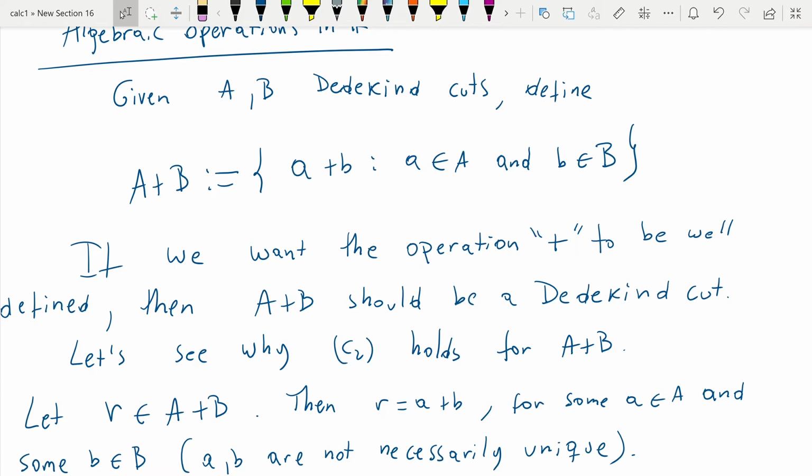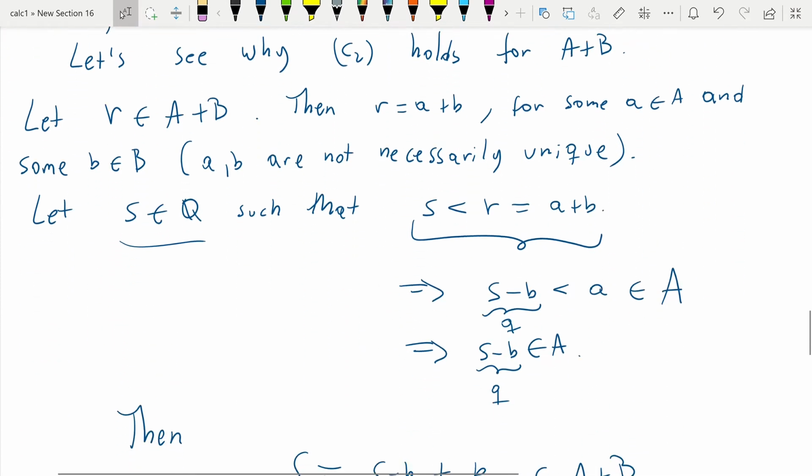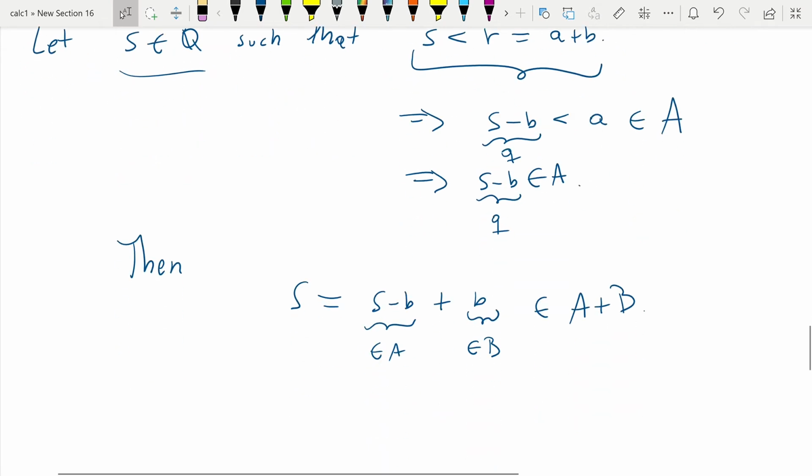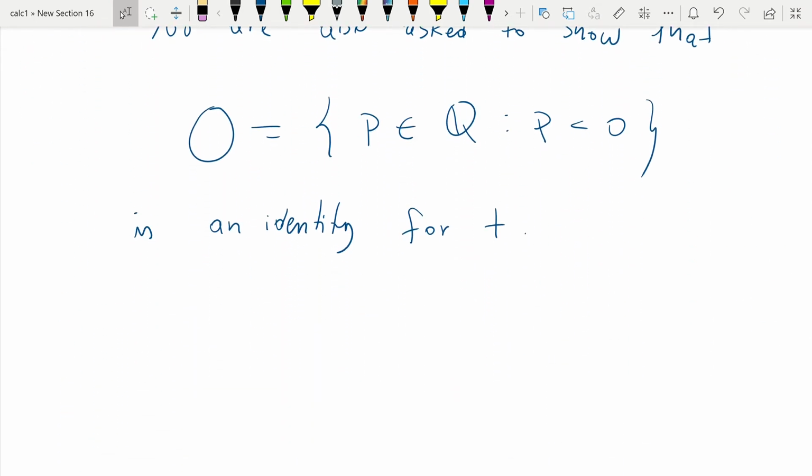You know that it cannot contain anything bigger than 0, and a natural candidate is all the numbers that are smaller than 0, and it has to include all of those numbers because Dedekind cuts have the property that whenever you have one number, then you contain all smaller numbers. So basically, this is a very natural definition for the identity, and it turns out that it works.